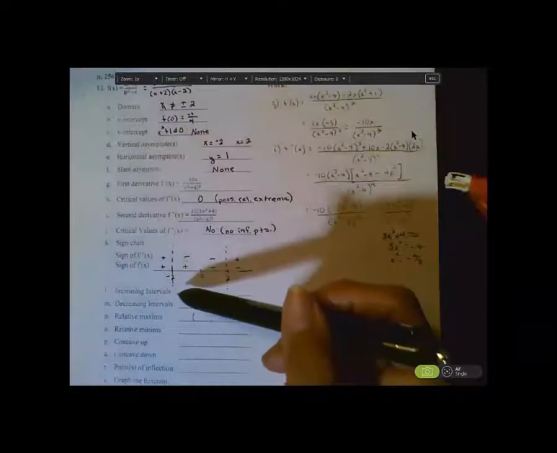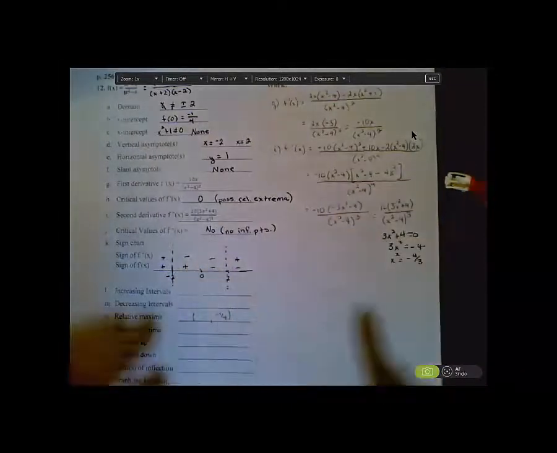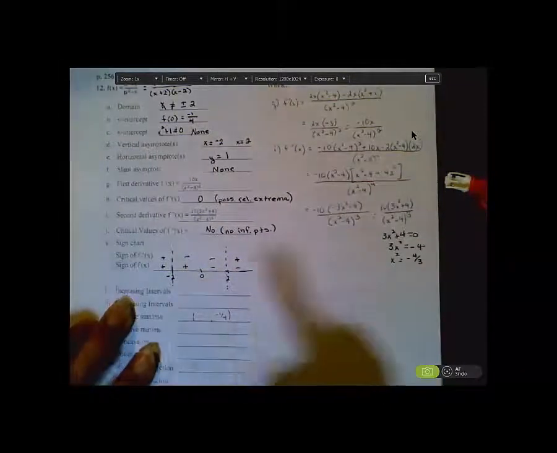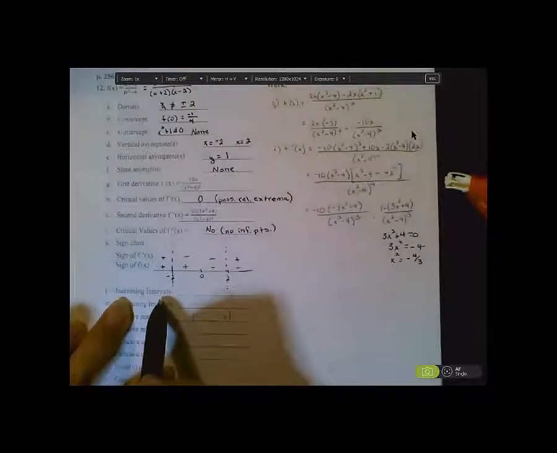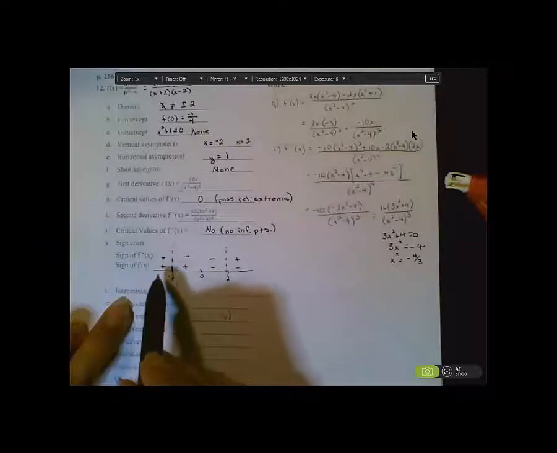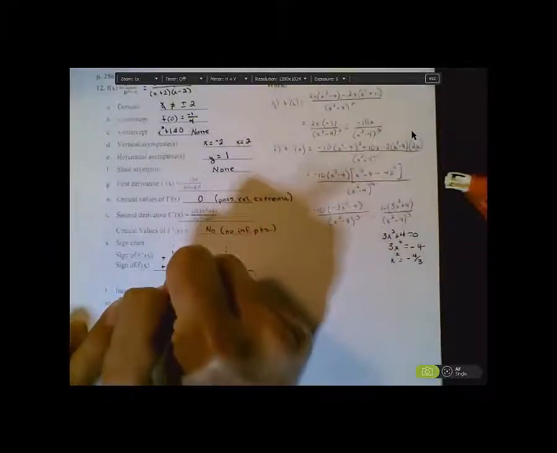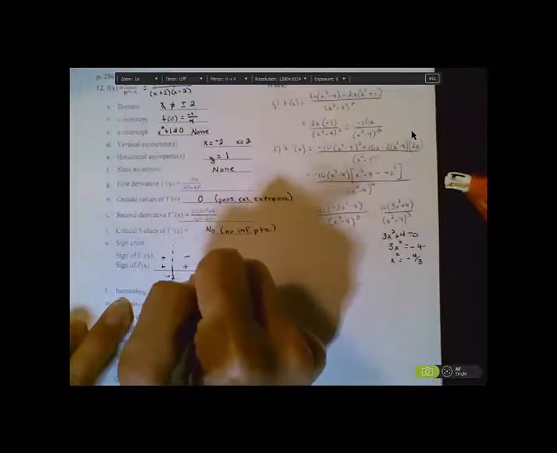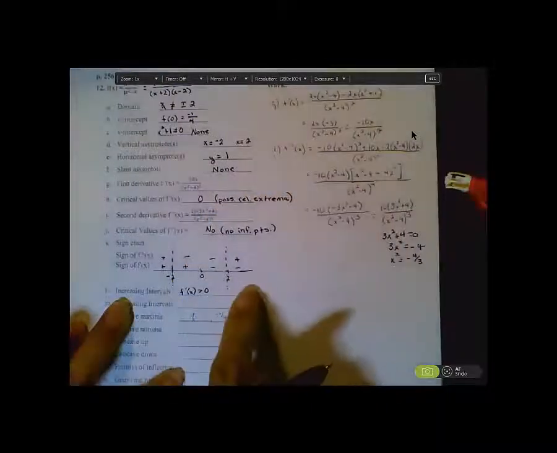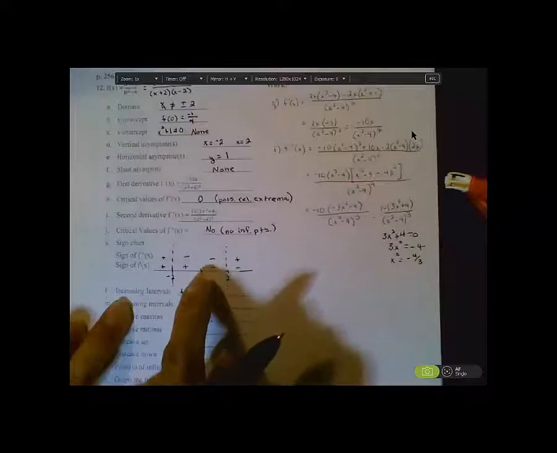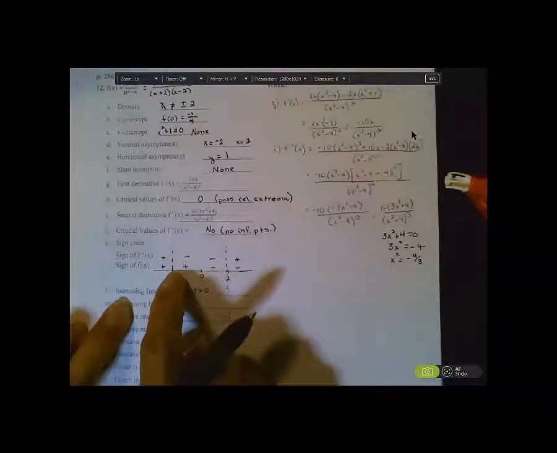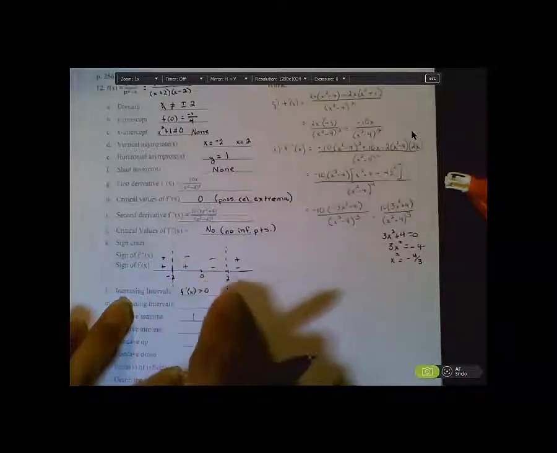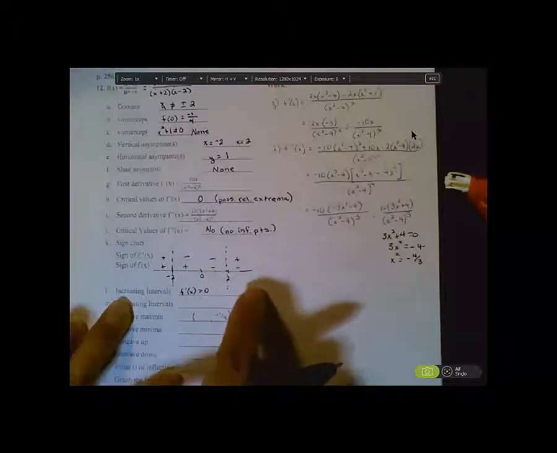I can get the rest of this information from that graph. I can't believe I said graphed, just graph. The increasing intervals are where the first derivative is positive. And the first derivative is positive all the way up to 0, except you couldn't say it's positive at -2 because the function's not defined at -2. So I'm going to actually have to write two separate intervals here.